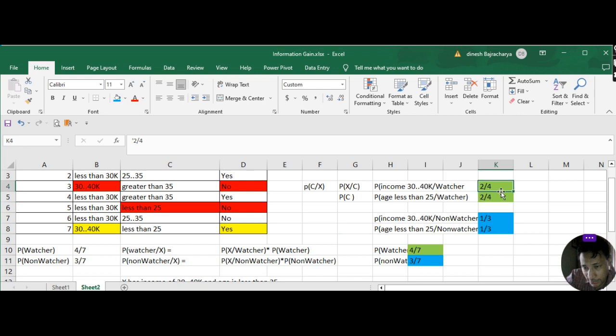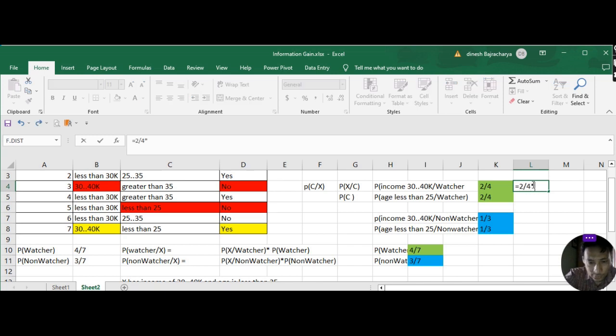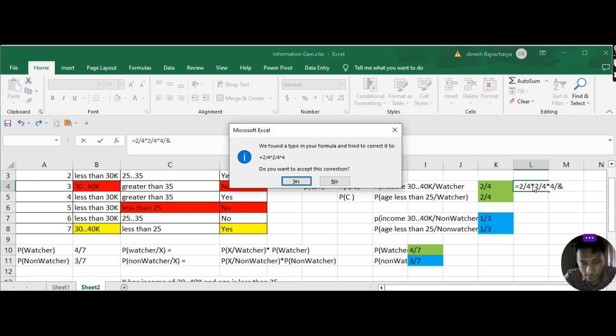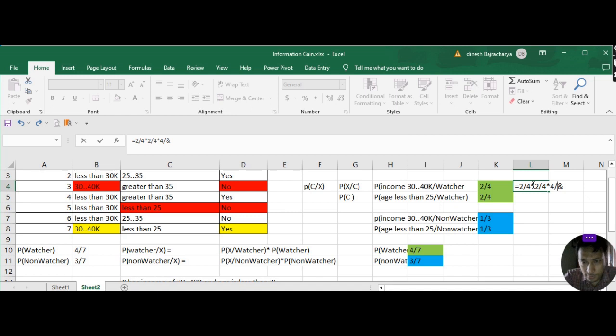If the value of the green ones is maximum, then X belongs to watcher, otherwise X belongs to non-watcher. Let's multiply: 2 by 4 times 2 by 4 times 4 by 7, and that will give me the value.